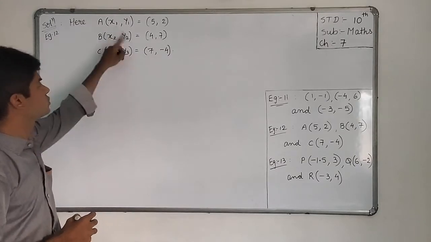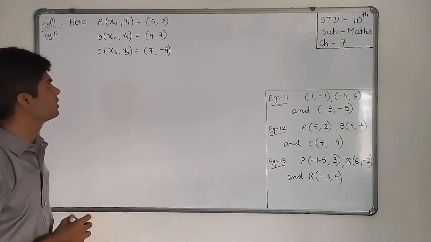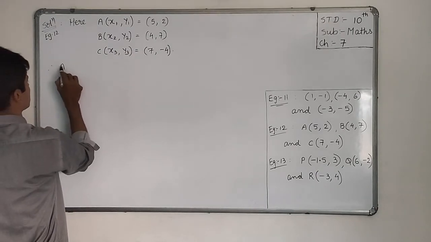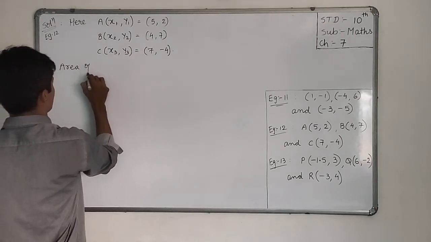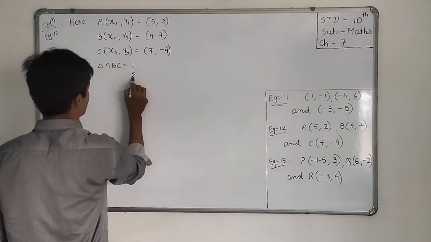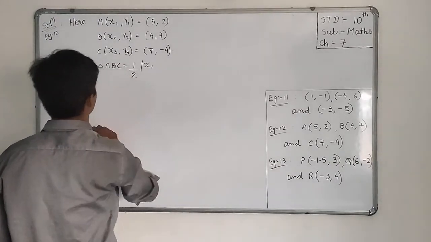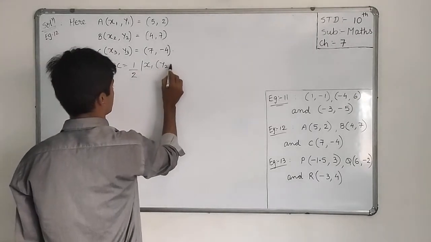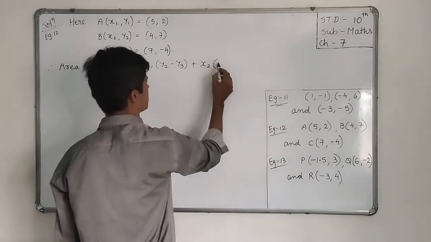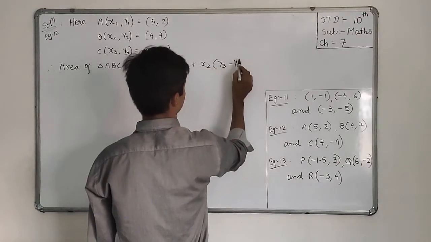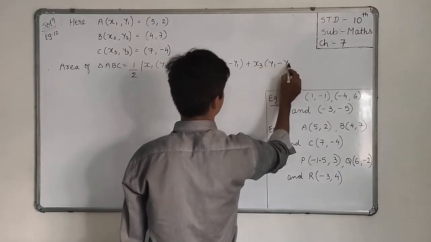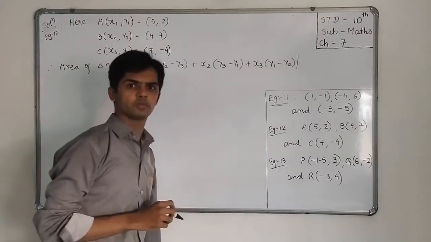Okay, so now let us put the values into the formula. Area of triangle ABC is half modulus x1 (y2 minus y3) plus x2 (y3 minus y1) plus x3 (y1 minus y2).